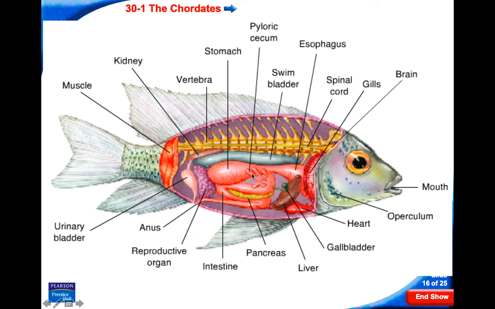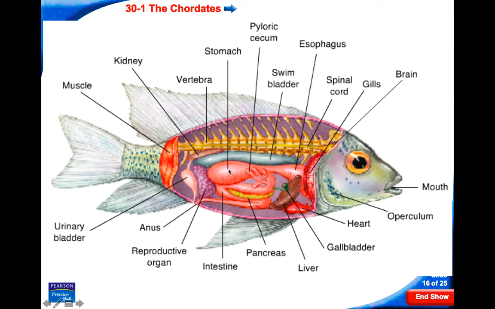If you recall ceca from invertebrates that we talked about in the last unit, these produce gastric juices. They produce enzymes that can be used by the stomach to break down food. They also produce certain enzymes that will help with absorption of nutrients later on. But in any case, the stomach is the next spot.